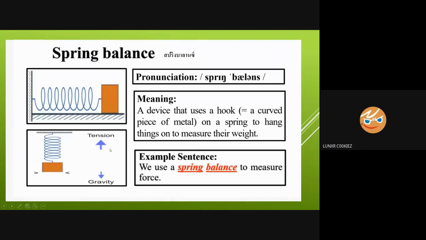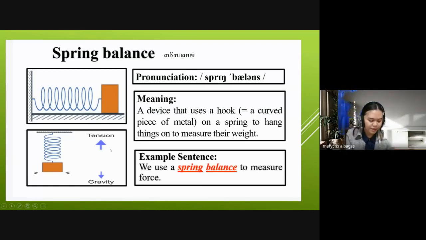Spring balance. Okay, copy the Thai word in your notebook. When you say spring, it looks like this, a spiral. Okay, example sentence: we use a spring balance to measure force.